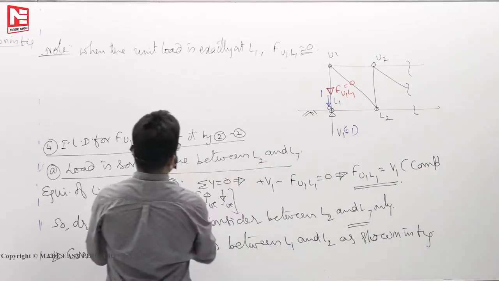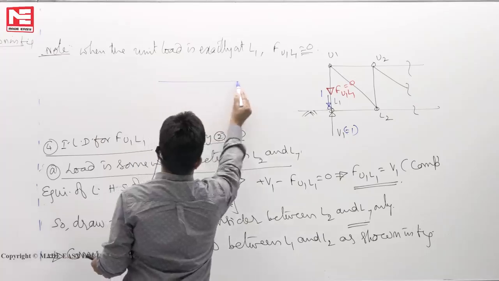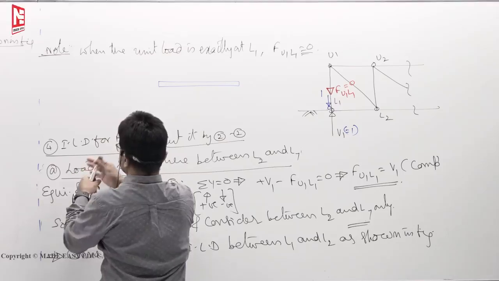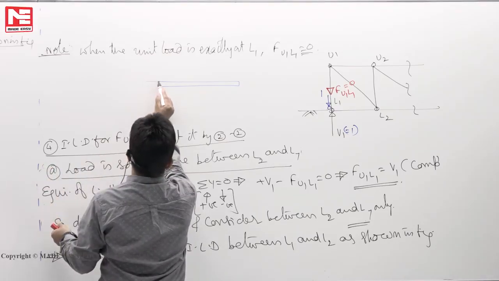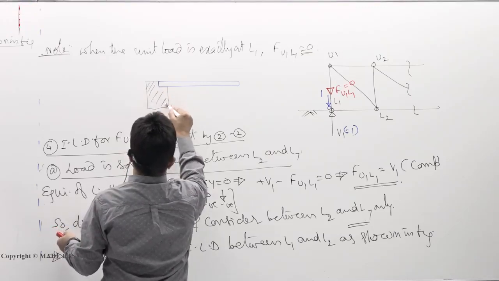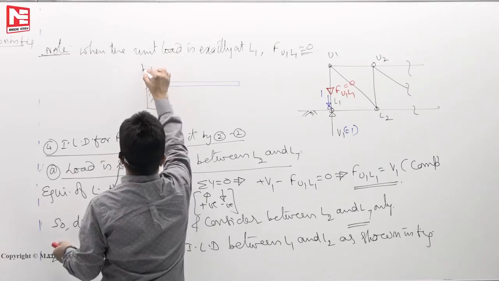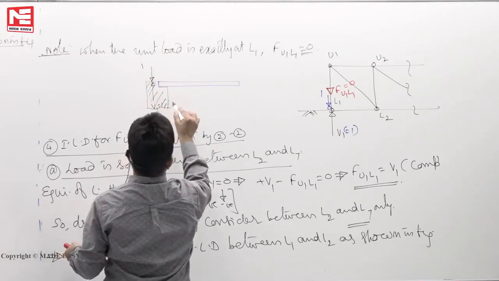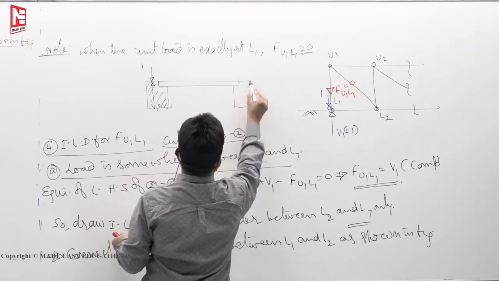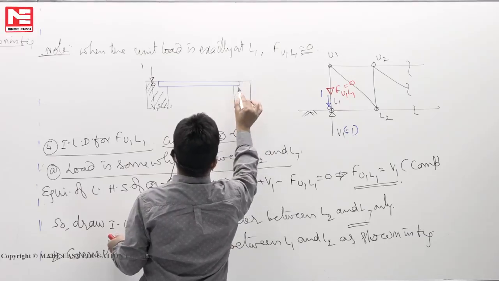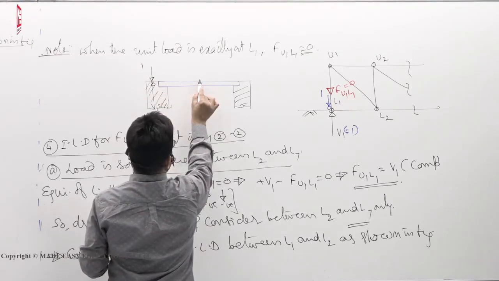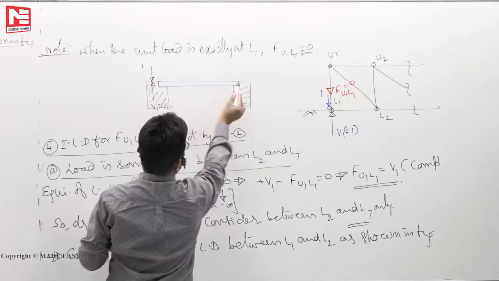Also, in strength of materials you have studied, suppose you have a beam like this. When the load is here, suppose 1, then the reaction V1 directly becomes 1 only. The beam simply keeps quiet. So is the case here on this side also. But if the load comes here, then part of the load goes here and the remaining goes there.